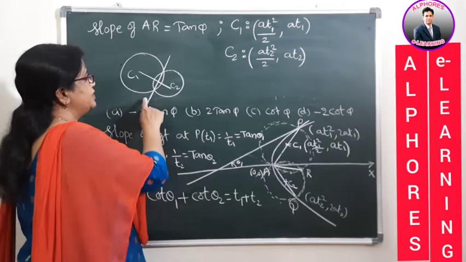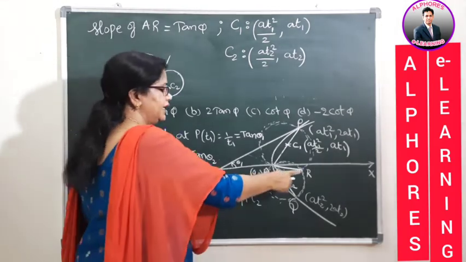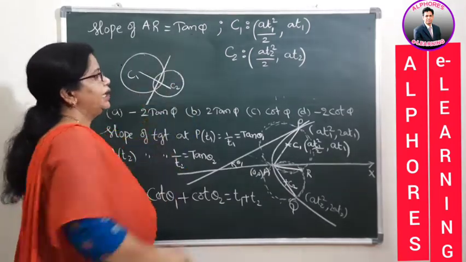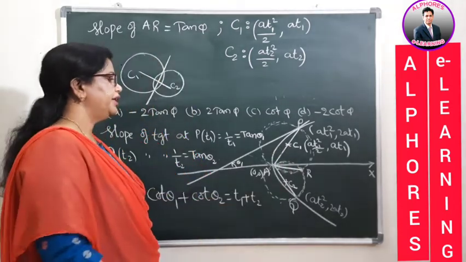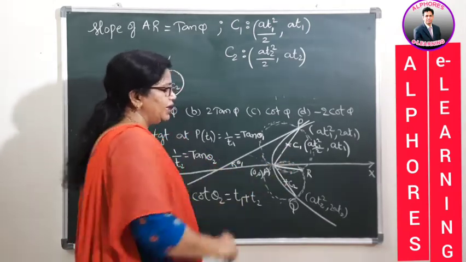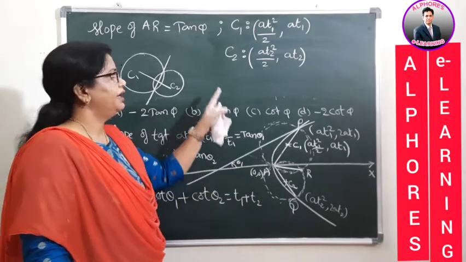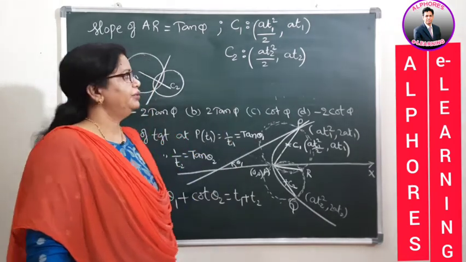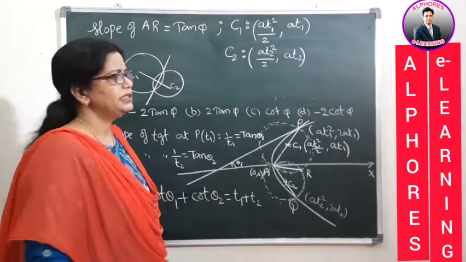So we have taken the concept that the radical axis is perpendicular to the line joining centers, and here the radical axis is nothing but the common chord, whose slope you already know is tan phi. Now let us find the slope of the line joining C1 and C2. Then we can write slope of C1 C2 into slope of AR equal to -1. Using that you can find the value of tan phi, okay.